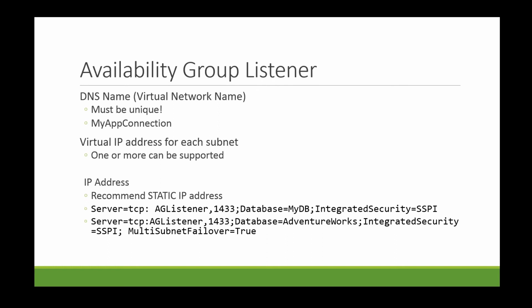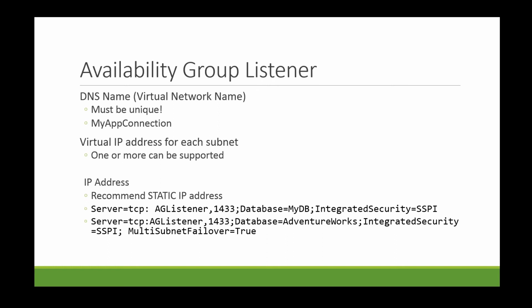You can have more than one virtual IP address that your listener routes to. So if you have a multi-node configuration and multiple read-only copies, maybe the reporting portion of your application routes to node 2, and maybe part of your application that only deals with employee data routes to node 3, and everything else stays on your primary node, which is node 1. So you can have it work that way.